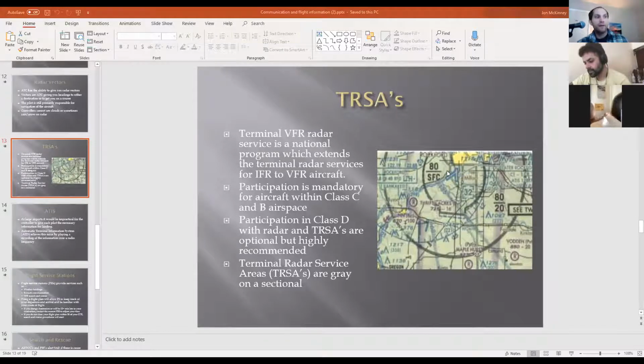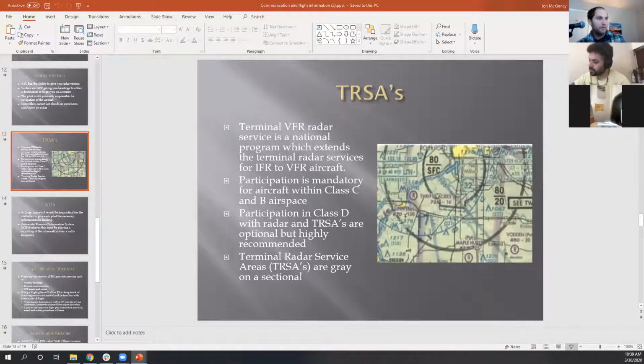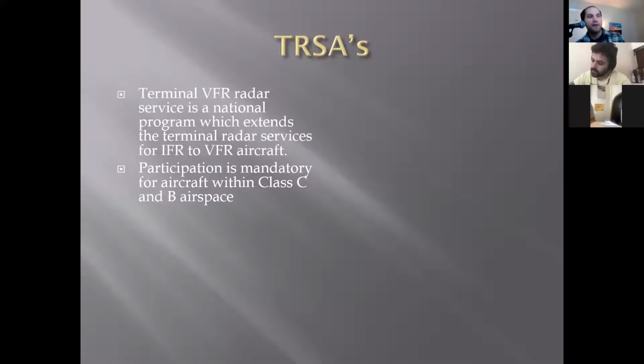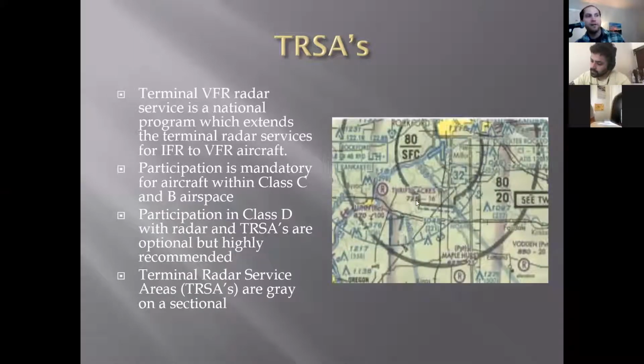So inside the center of this TRSA, I can probably hit a button to make this even bigger for your screen. There you go. So inside this TRSA airspace, you'll have the Delta, which is at the very center, and that's why you're seeing that dashed blue for the Delta airspace.